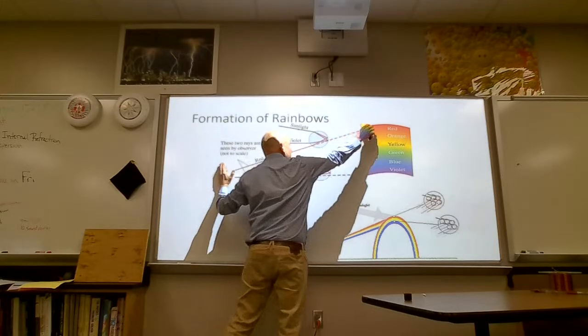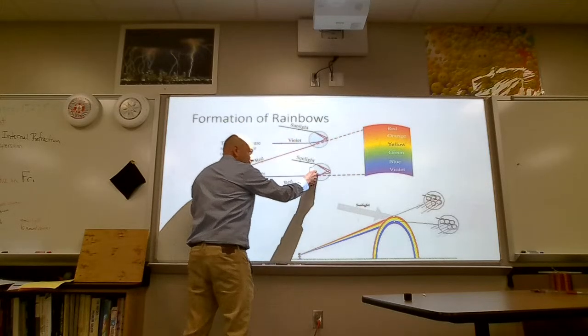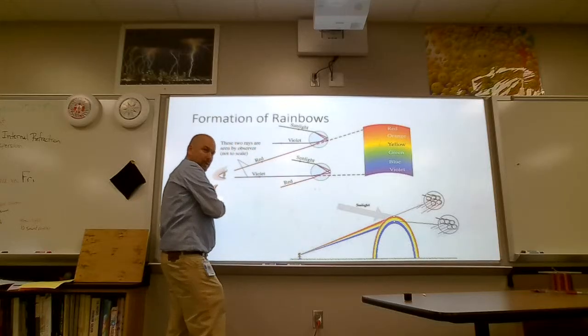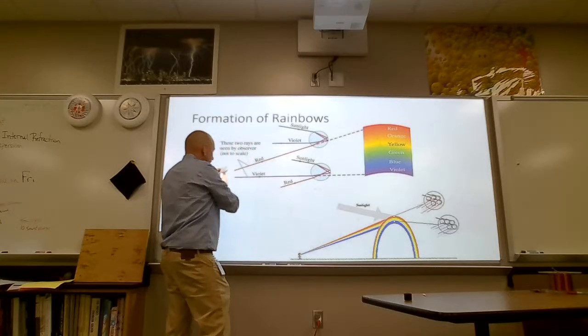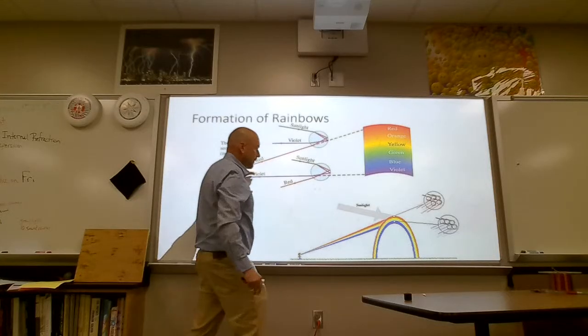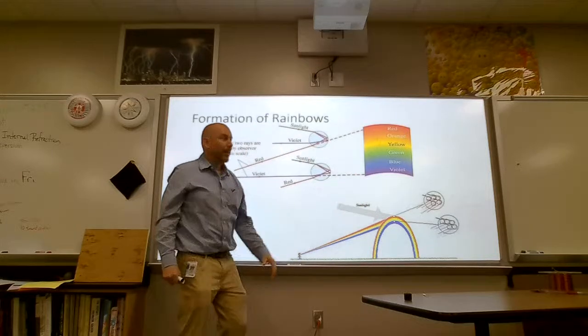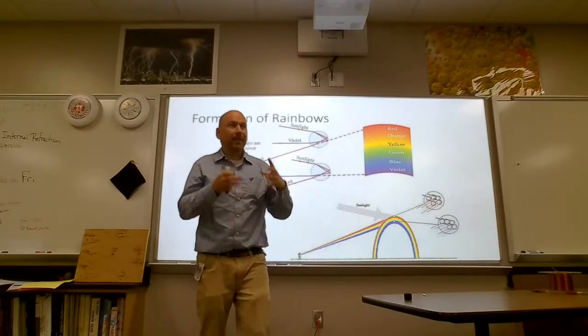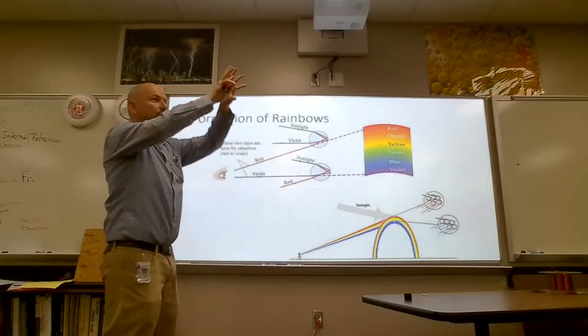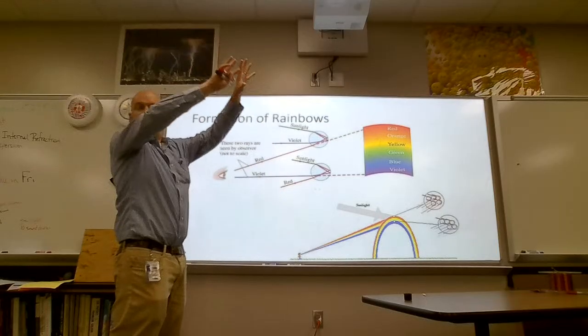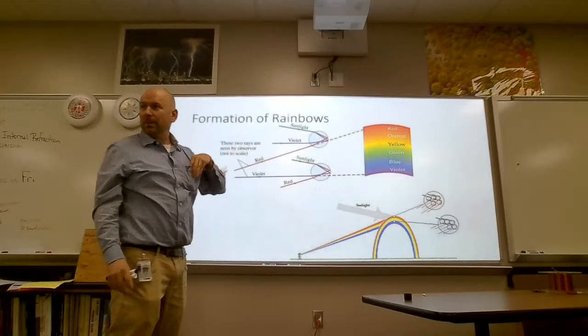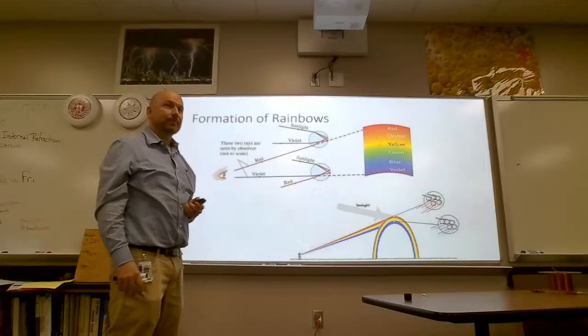So we see red up top. This one's shooting red, that hits our chest. But the purple gets to our eyes, so we see purple here. We have a whole color spectrum. Because it's a spherical raindrop, we see actually a cone, but it looks like a bow.